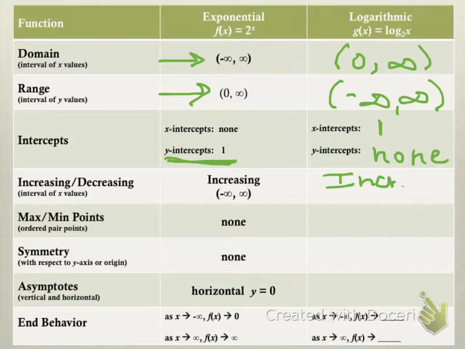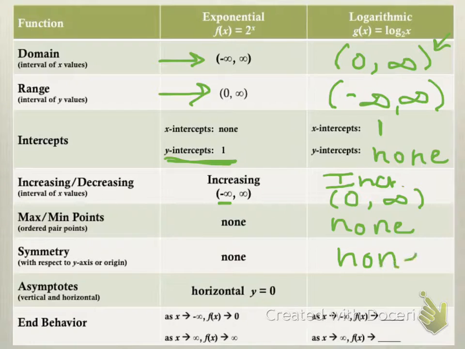But the difference is that we're not increasing from negative infinity to infinity, we're just increasing from 0 to infinity, because again, we are limited as to which x values we can use based on the domain. We still do not have any max or min points, and we still do not have any symmetry. So those remain the same, just like the exponential.